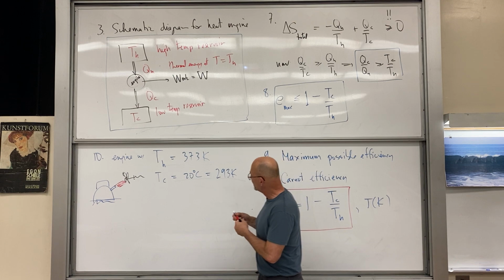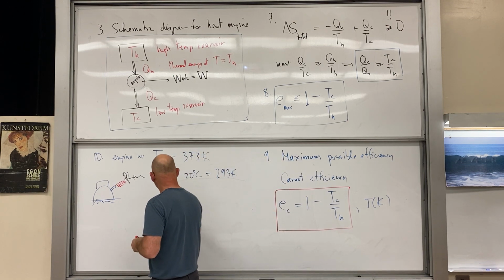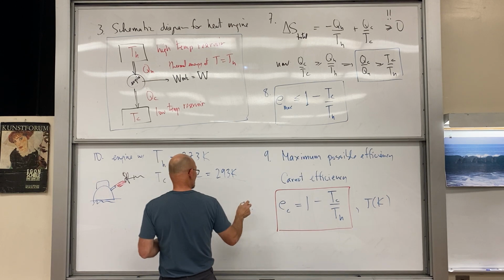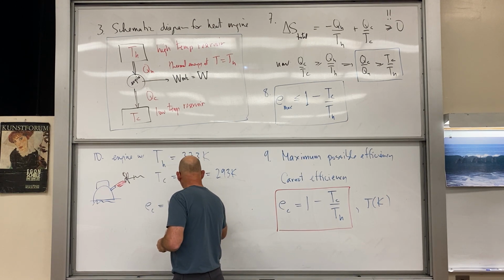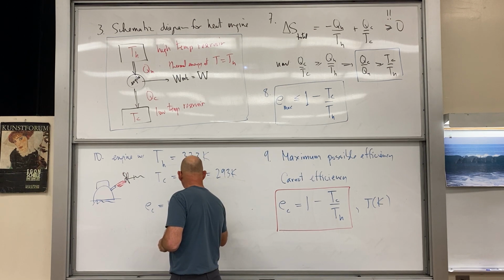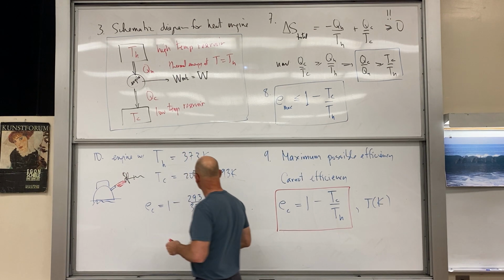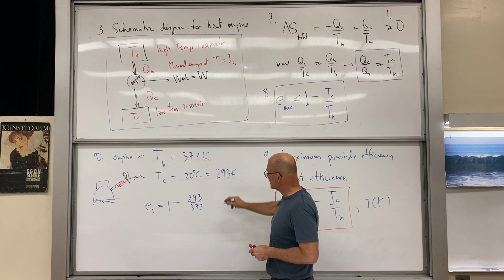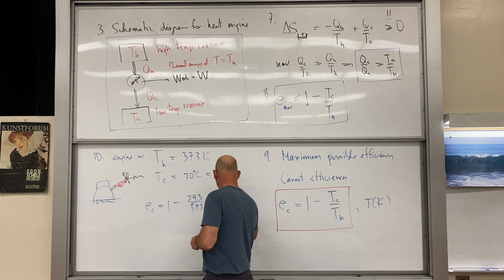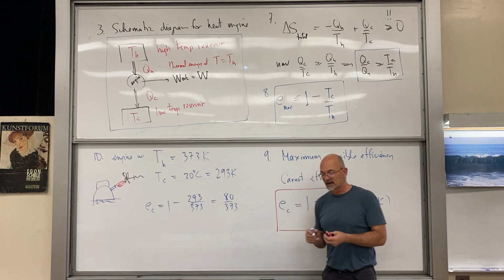The maximum theoretical efficiency now, the Carnot efficiency, would be 1 minus 293 over 373. And of course, this was an 80-degree temperature difference. So you could also say it's 80 over 373, so that's 20% or something like that.